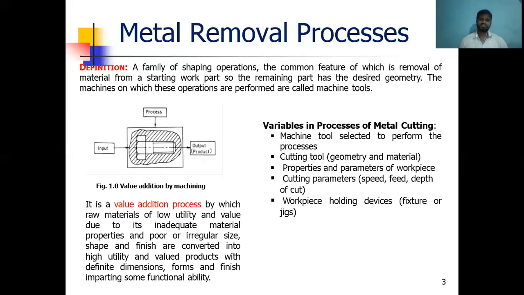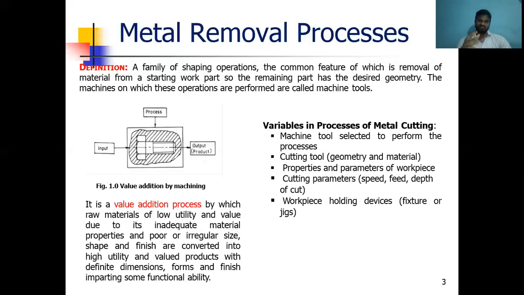The second one is variables in the process of metal cutting. What are the variables we observe in metal cutting processes? The first is the machine tool selected to perform the process.